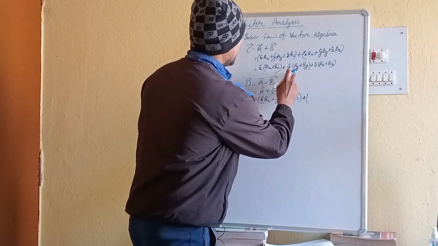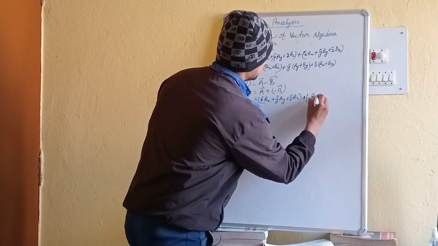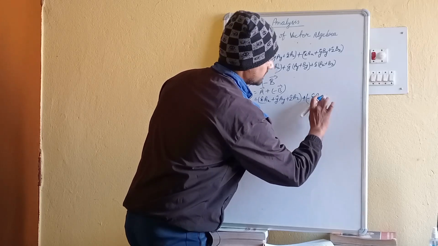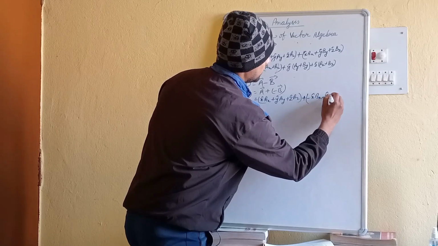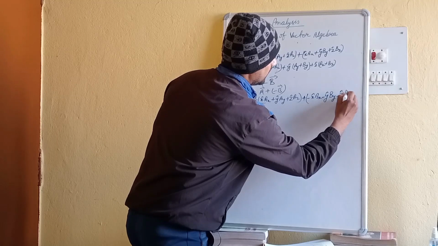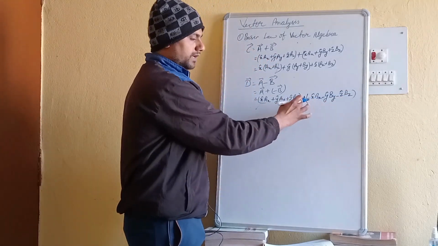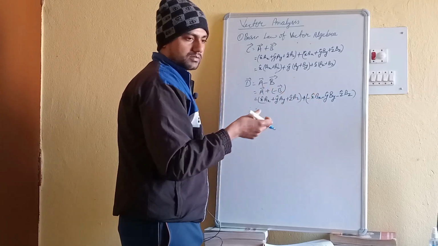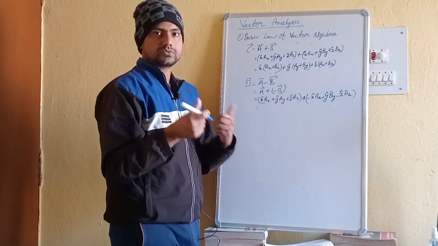So I'm going to do that by using the components of that particular vector, so here we have the component form. Here I can write minus x cap bx, because I am taking minus B vector. Here I'm adding, but due to the presence of that minus sign, these two vectors are going to be subtracted.